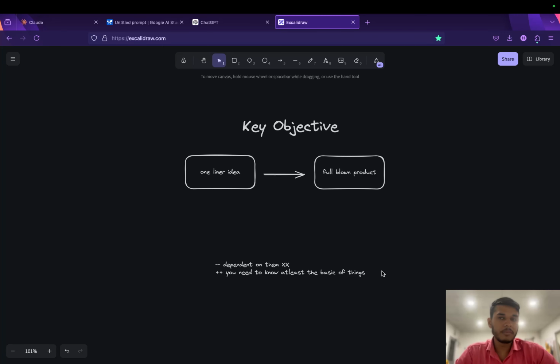I will be setting it up myself manually, but most of the code will be written by the LLM. I will be telling you what the great prompting techniques are, how to expand on an idea, what tools I use, what are considered best practices for using LLMs, and most probably I will be learning with you guys.